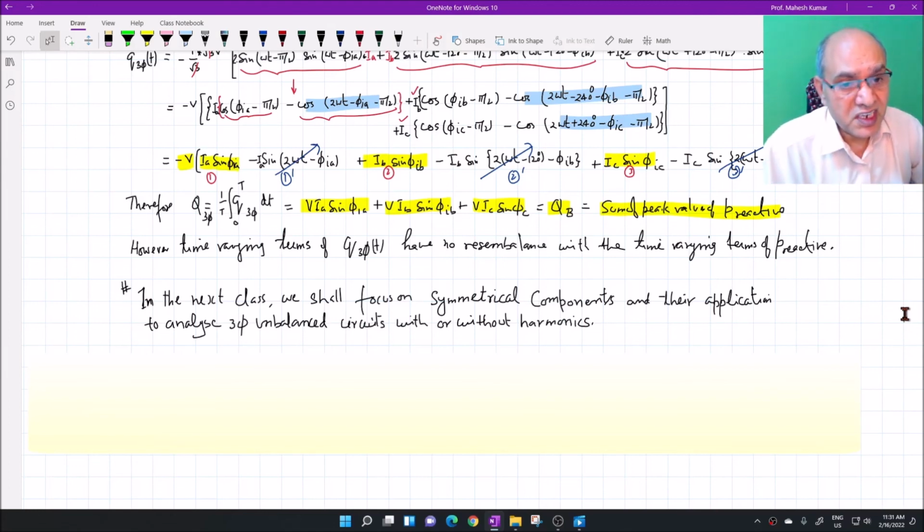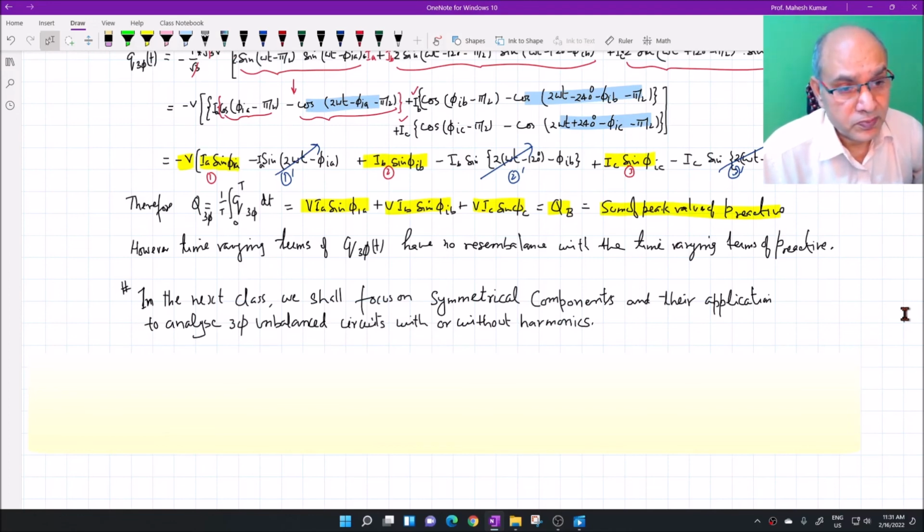And we have taken 3 cases here. Number 1, three-phase balanced voltage and current. Number 2, three-phase voltage and current both are unbalanced, and number 3, one set is balanced, another set is unbalanced.